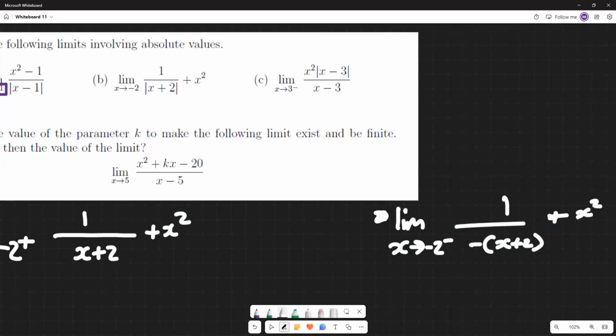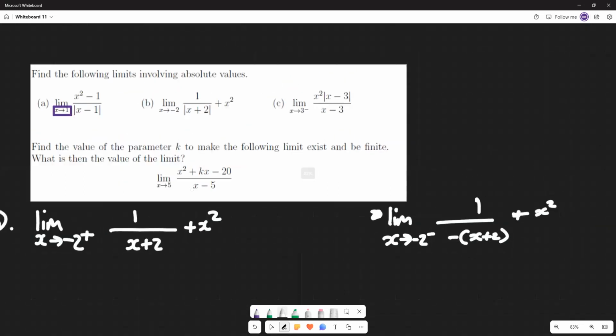X squared 1. Right. Now we can do substitution. Here, I'm going to substitute negative 2. If I substitute -2 there, I'm sure we can see that as x gets closer to -2, you're approaching infinity, because you have a constant at the top, and then this gets smaller and smaller and smaller.